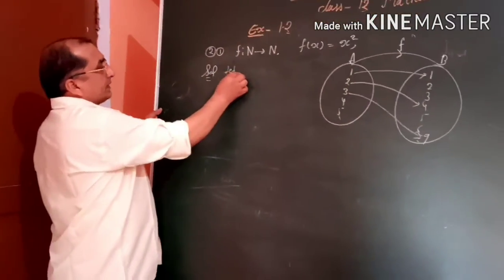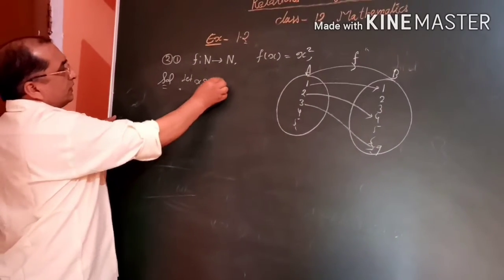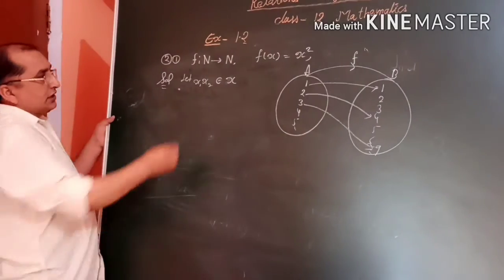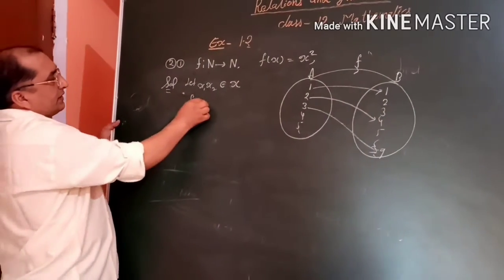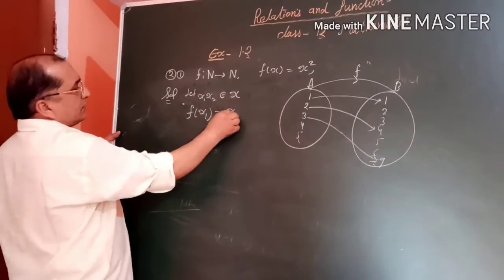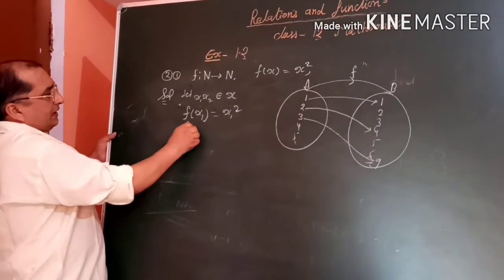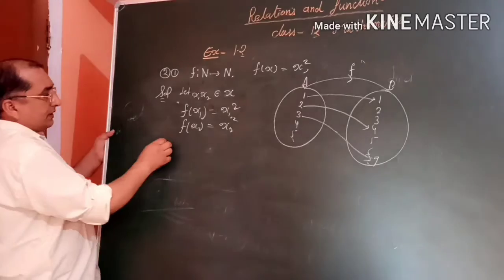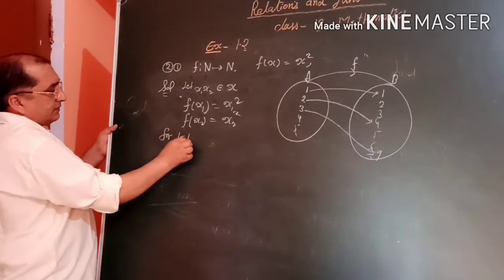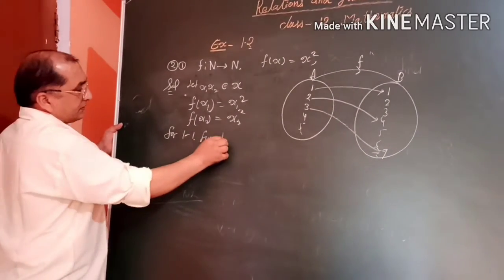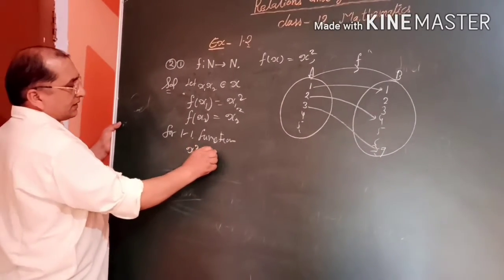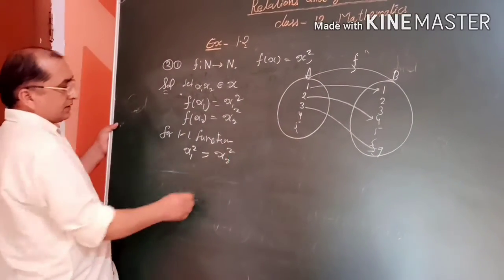Let x1 and x2 belong to X, meaning these are elements of X. The function is defined such that f of x1 equals x1 square and f of x2 equals x2 square. For one-one, we know that x1 square is equal to x2 square.